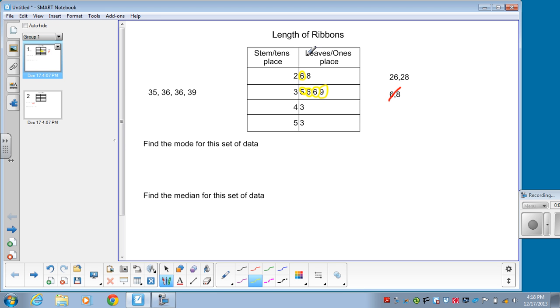Alright. We're done with the 2's stem and leaf section. We're done with the 3 stem and leaf section. Now I want you to try to tell me what number the stem and leaf section represents for the 4.